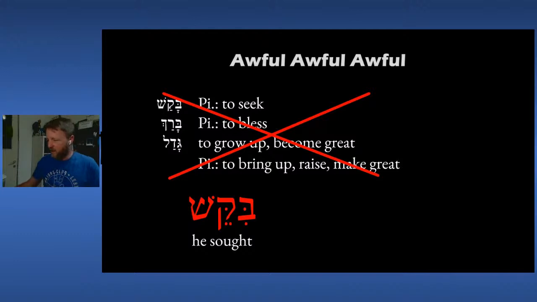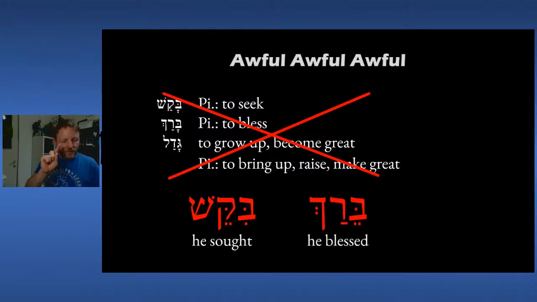Similarly, not barach, but berach. The e-a is like shilam, and the e becomes a for compensatory lengthening because the resh rejects the dagesh. Berach means he blessed. In modern Hebrew, we say berech.